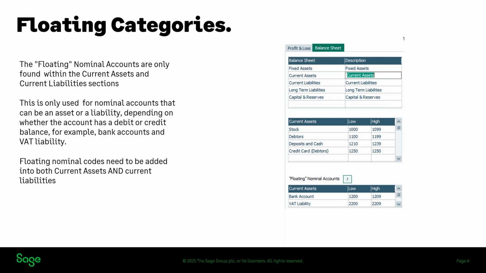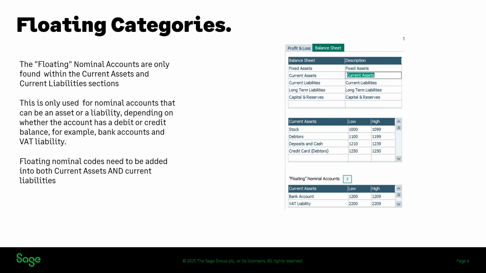So floating categories are nominal codes that are on your balance sheet. So this is on your balance sheet only. And these are within current assets and current liabilities. And these particular nominal codes can actually be an asset or a liability, depending on their balance, whether it's a debit or a credit.